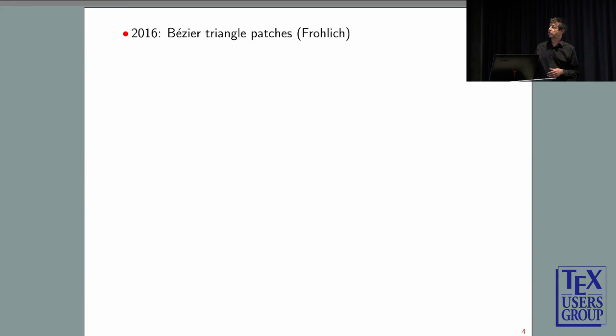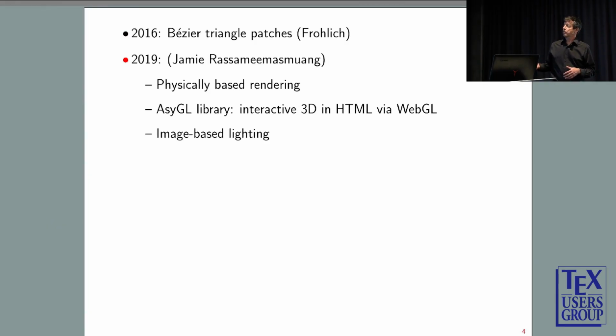And another missing feature at that point that we added in was Bezier triangle patches. Those are useful. A Bezier triangle is a natural generalization of a triangle to 3D. Then a student who goes by the name of Jamie, Supakorn Rassameemasmuang, independently contributed a better rendering model than the Phong blend model, which I was using.